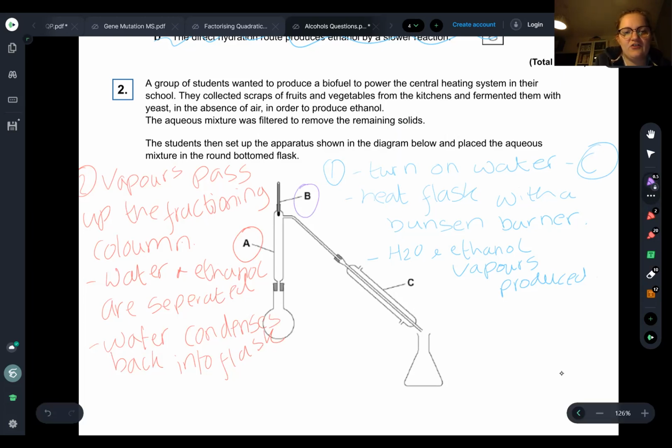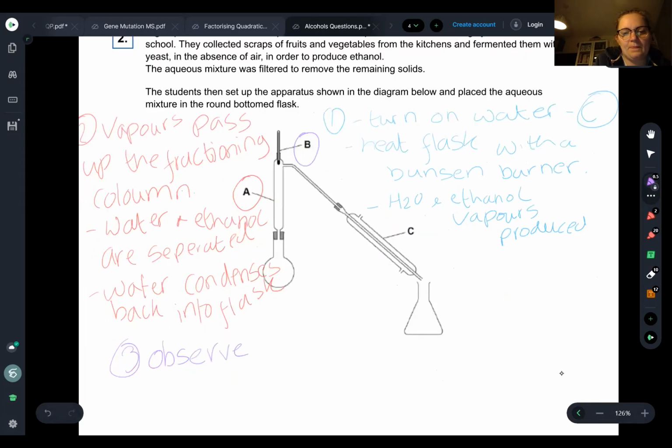So stage 3, we want to observe, by using B, so I don't have to write thermometer, but you know that's obviously thermometer, that boiling point. That's so that we can fractionally distill this.